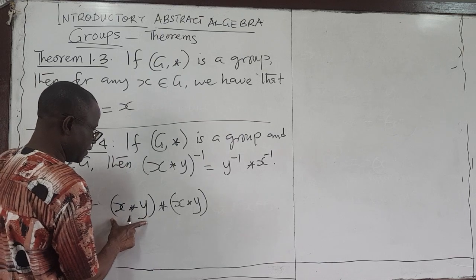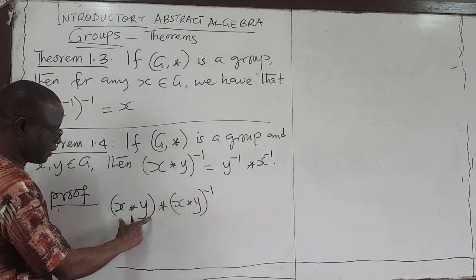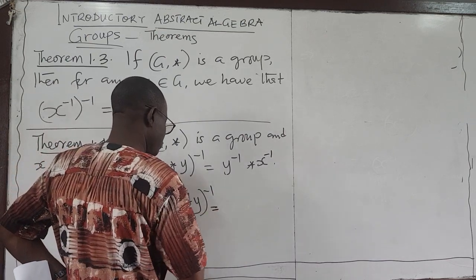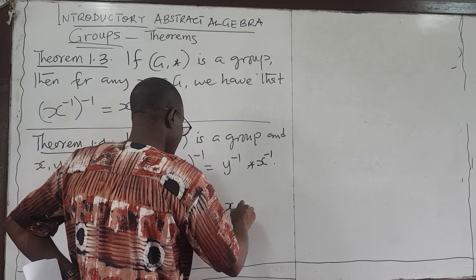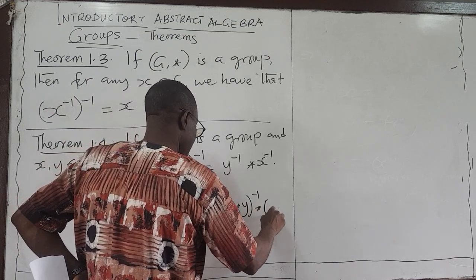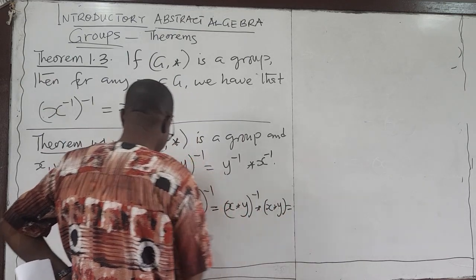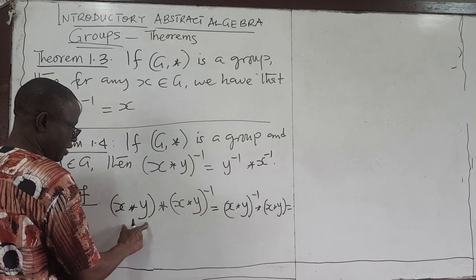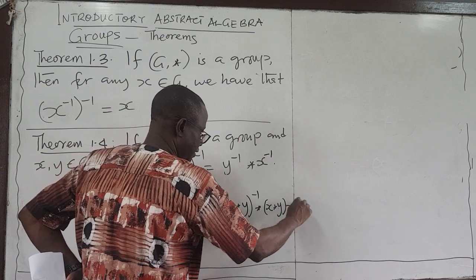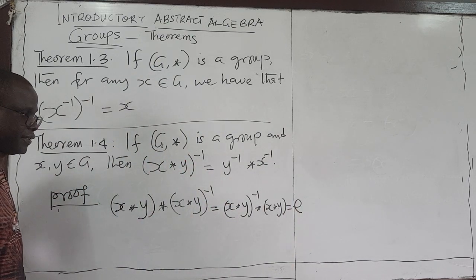Now the inverse of all of this guy will be this, right? If I can show that this times this, and also show that inverse star y is equal to what? If this is actually this, if this is the inverse of this, right? Then this star this and this star this should give me the identity from the definition of what the inverse is.